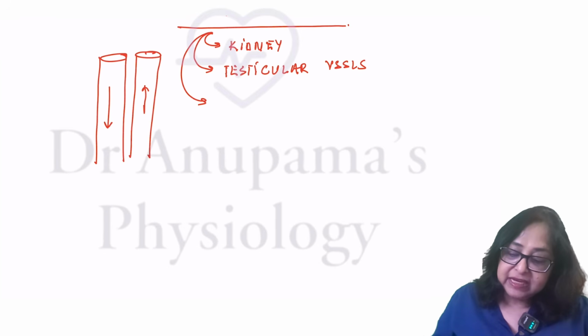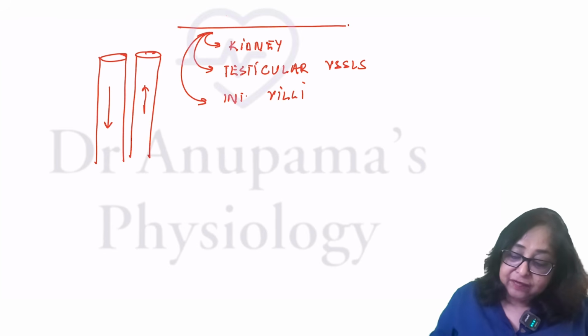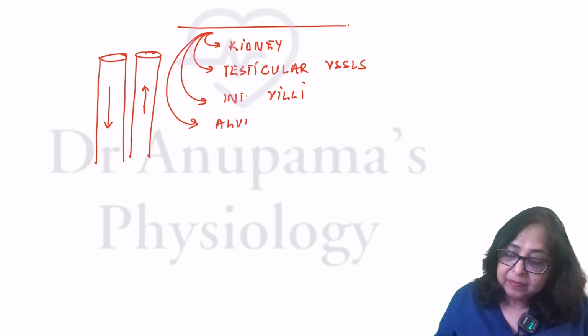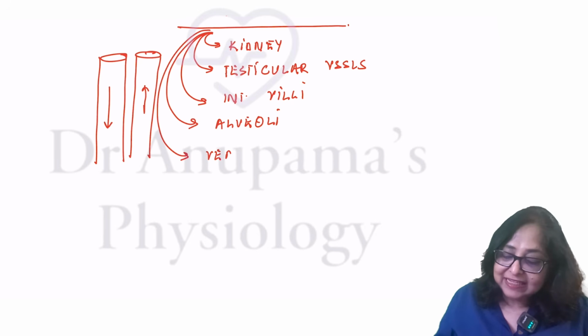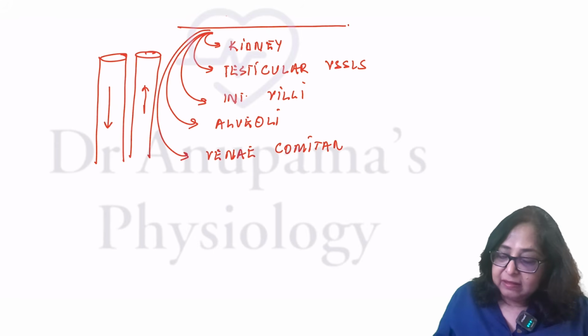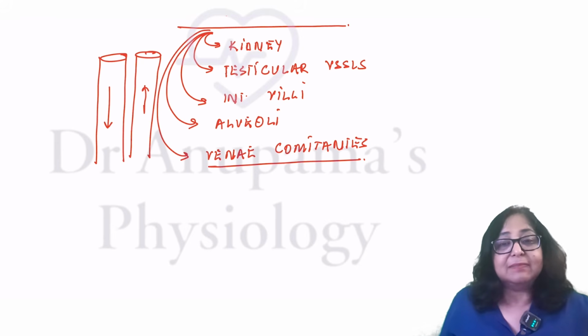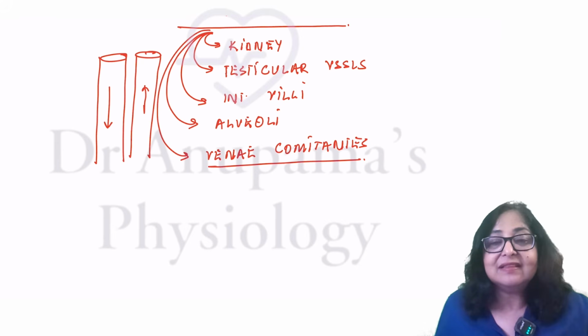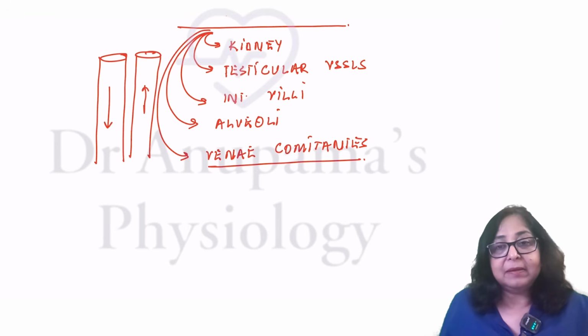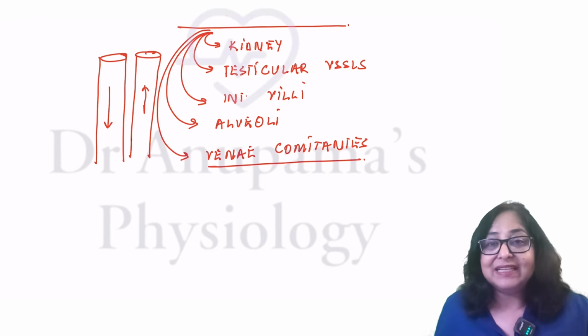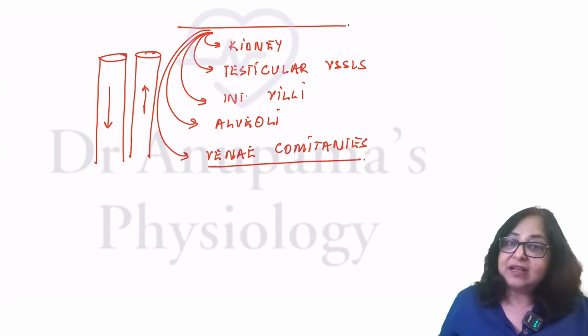Countercurrent is also seen in the intestinal villi, alveoli, and venae comitantes. What are venae comitantes? Veins associated with certain arteries sometimes also have this countercurrent mechanism, which helps to maintain body temperature. So these are the countercurrent.